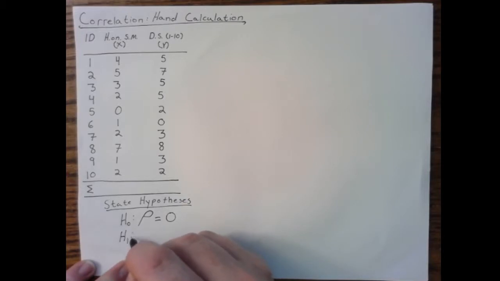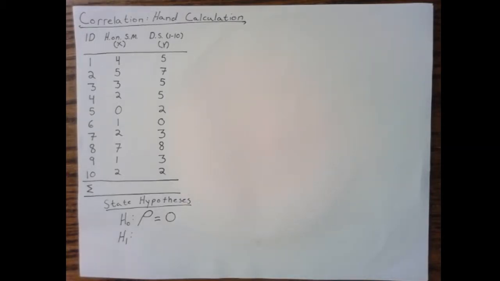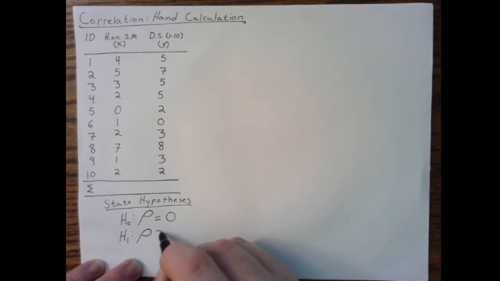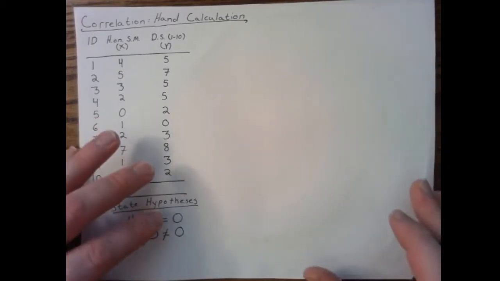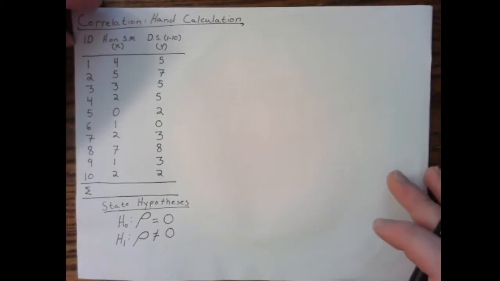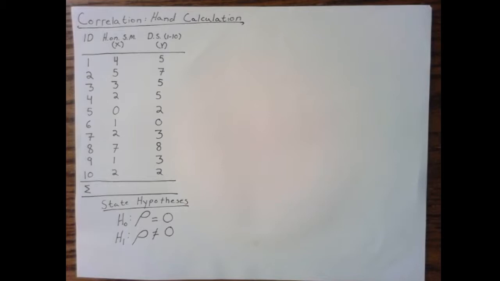And then the alternative hypothesis is that there is something going on. There is actually a correlation in the population. So here we come again. And now it's not equal to 0, indicating that something is going on. So this lets us know that we have a two-tailed test.